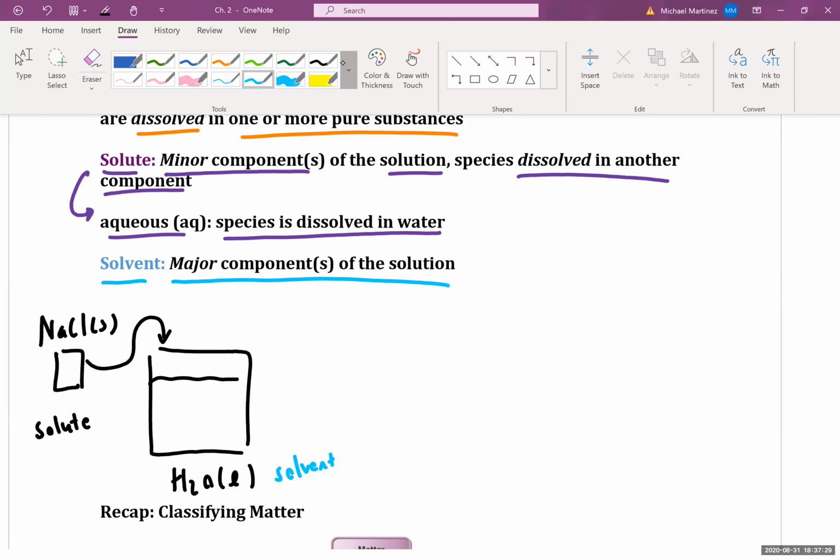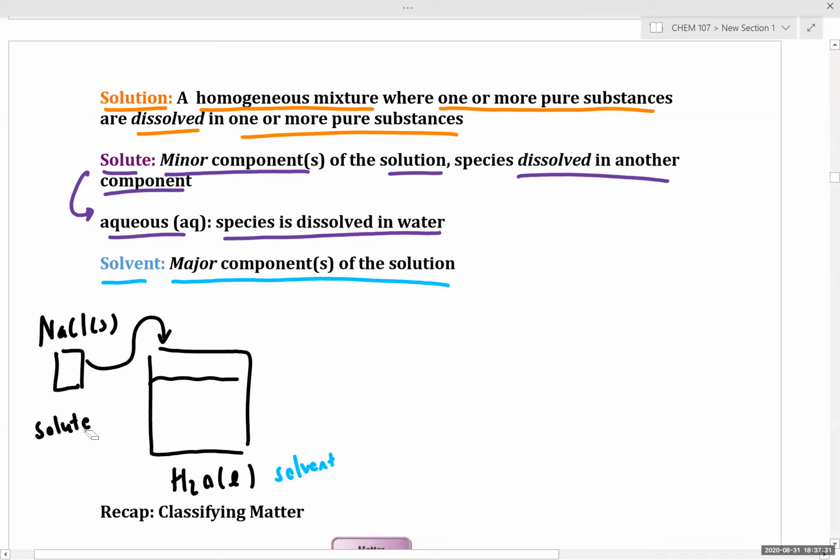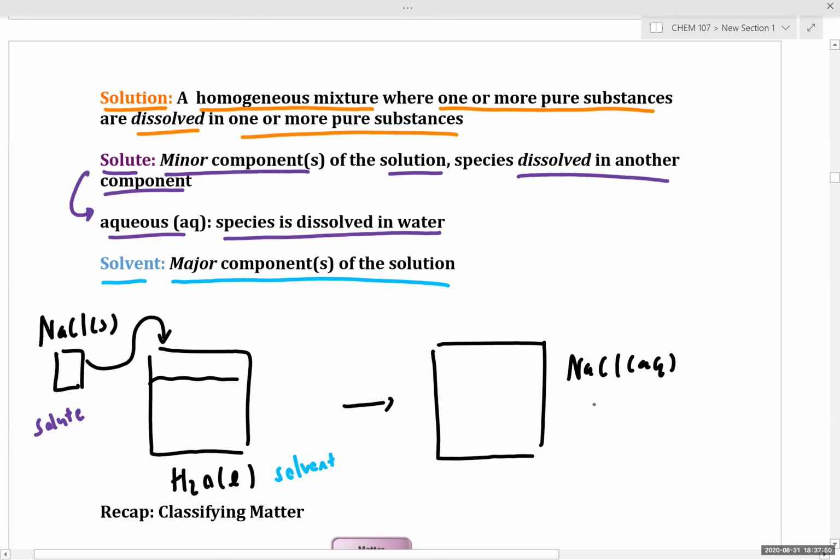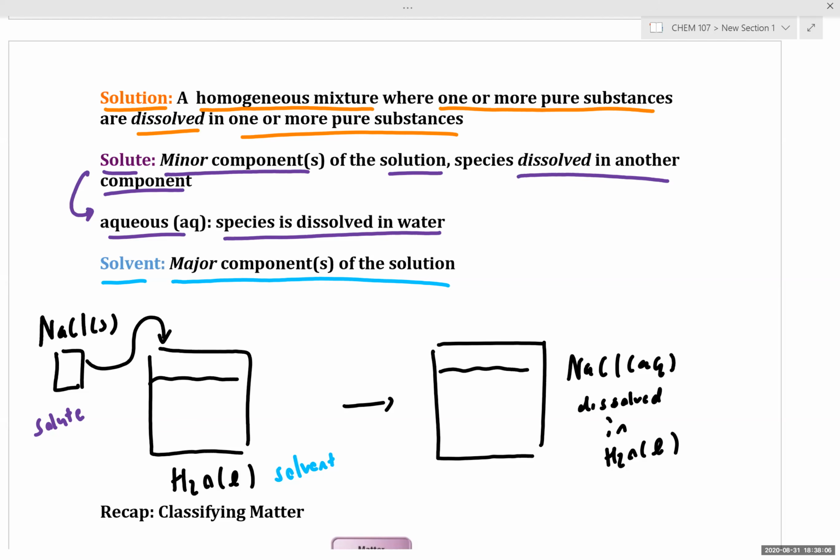We, in turn, will be able to generate a solution. So if we add sodium chloride to water, we get a solution of sodium chloride aqueous dissolved in water. Sodium chloride will be our solute and water will be our solvent.